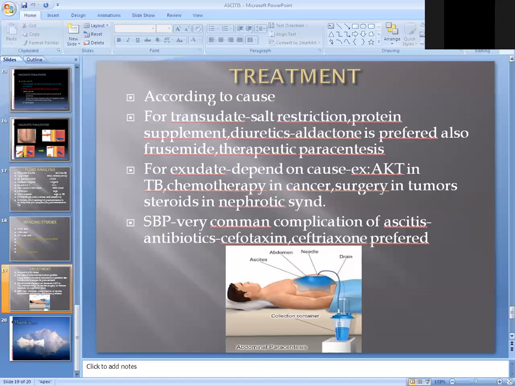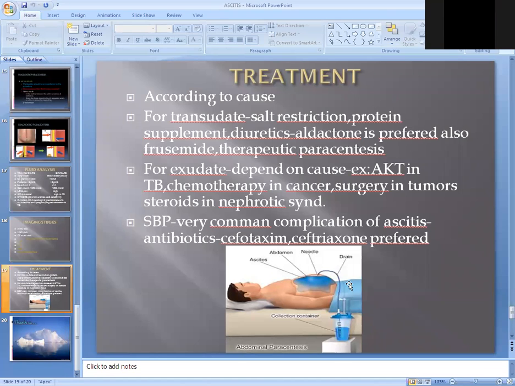For exudate, it depends on the cause. If it is tuberculosis, anti-tuberculous drugs. If it is malignancy, chemotherapy. If it is nephrotic syndrome, steroids. If there is spontaneous bacterial peritonitis as a complication of ascites, you have to give antibiotics. In SBP, the preferred antibiotic is a third generation cephalosporin, that is cefotaxime and ceftriaxone.